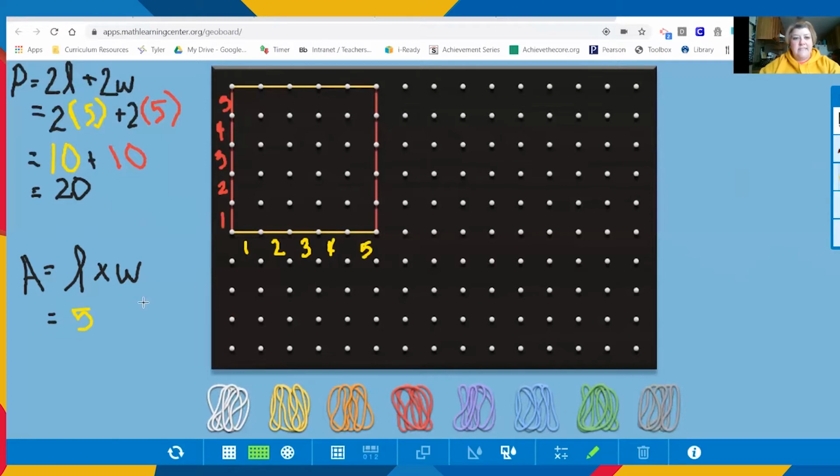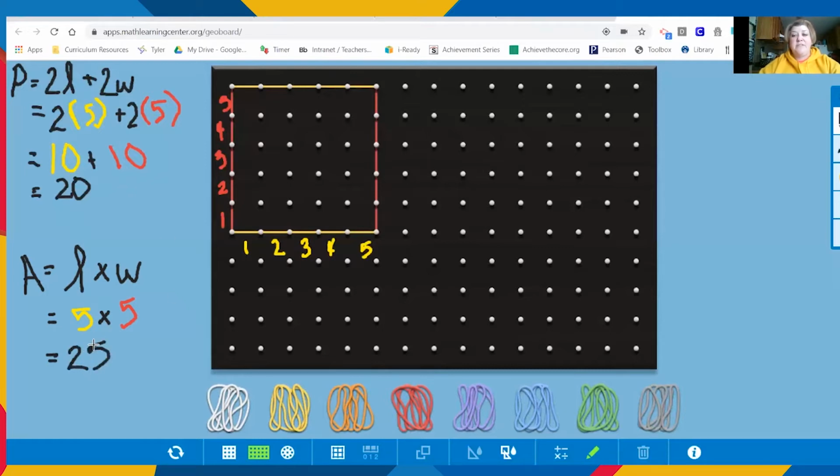And it is 5 squares wide right here. So now our problem becomes 5 times 5. What is 5 times 5? Very good, it's 25. 5 times 5 is 25.